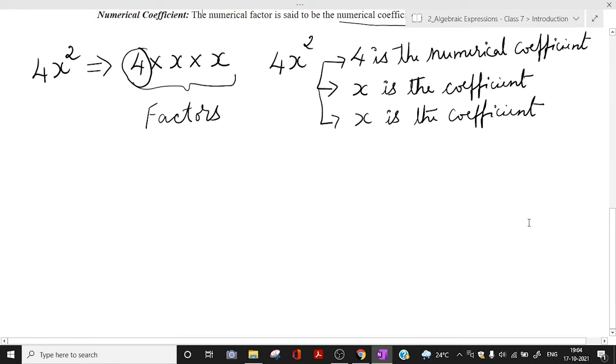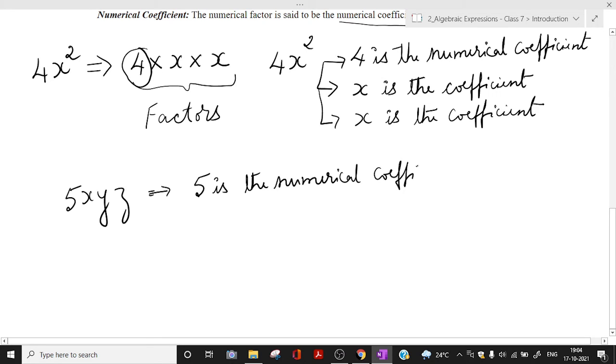Suppose I write over here 5xyz. Then in this term, 5 is the numerical coefficient, right?